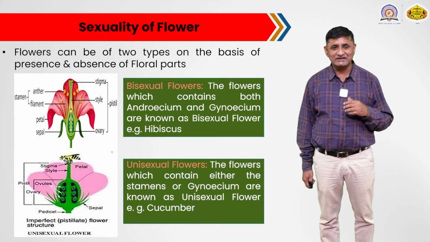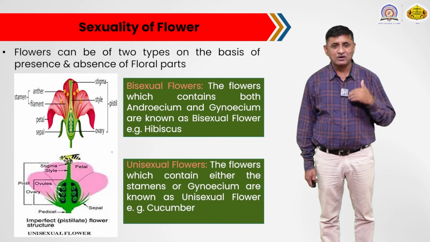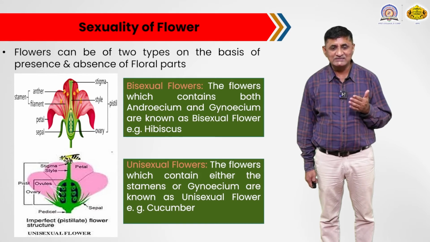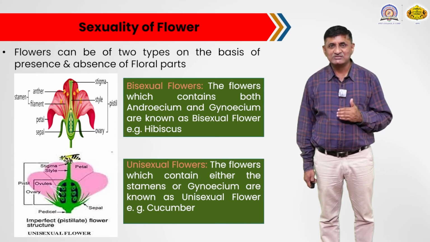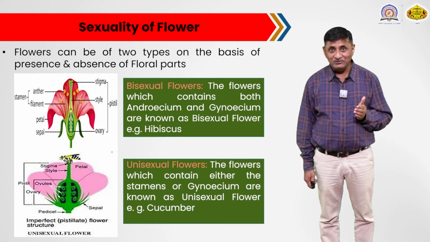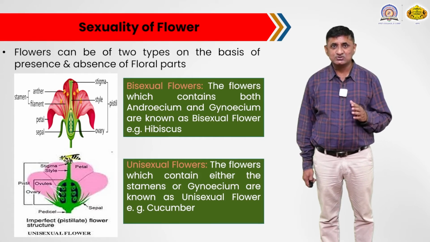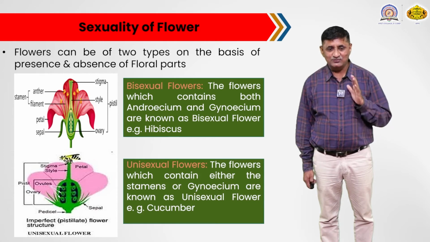For better understanding, you can observe both images of bisexual flower and unisexual flower. The unisexual flower may also be called imperfect, and if the gynoecium is present, such a unisexual flower is called a pistillate flower, and if only the stamens are present, such a unisexual flower is called a staminate flower.